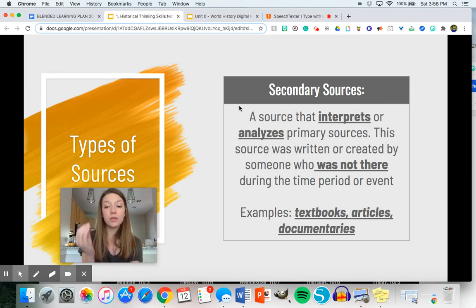Examples of this would be textbooks, right? The textbooks that your teachers have used. Historians were not alive in 1600, so they have to analyze sources and write about them that way. Articles could be secondary sources. Documentaries that you watch on TV are secondary sources because those writers and the people speaking were not present during that time period or event.